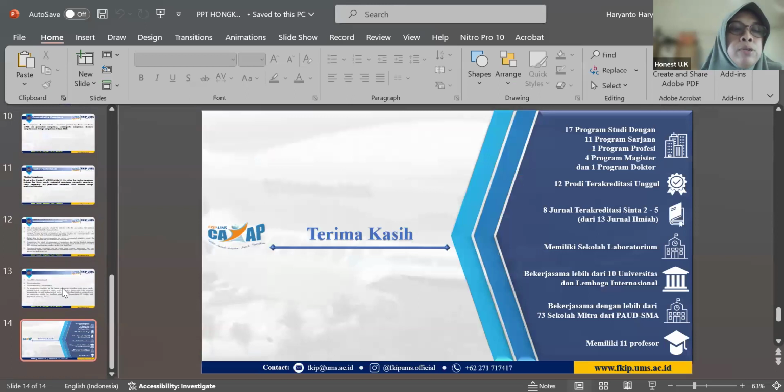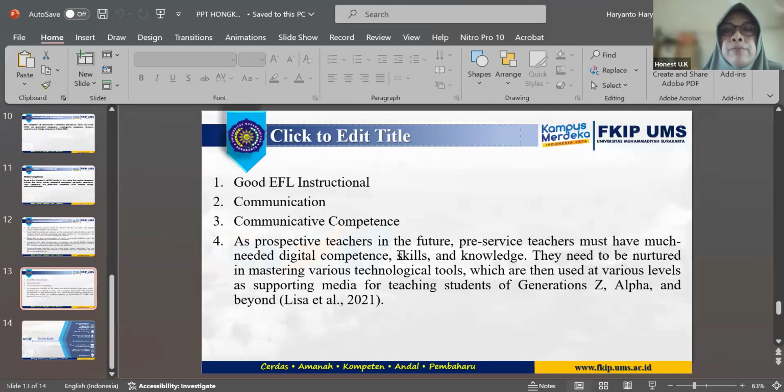The last one, as prospective teachers in the future, pre-service teachers must have much-needed digital competence, skills, and knowledge.